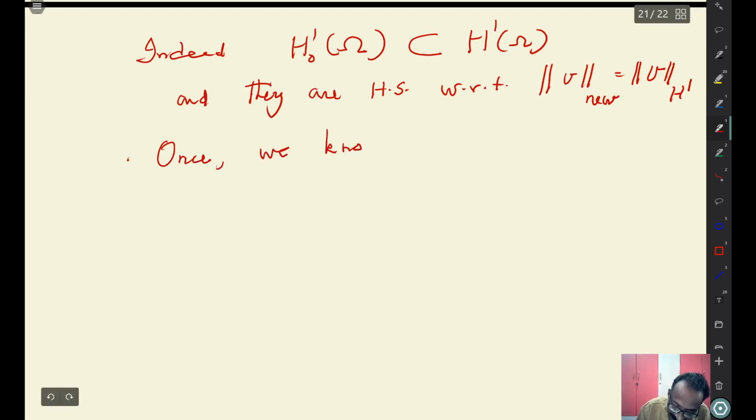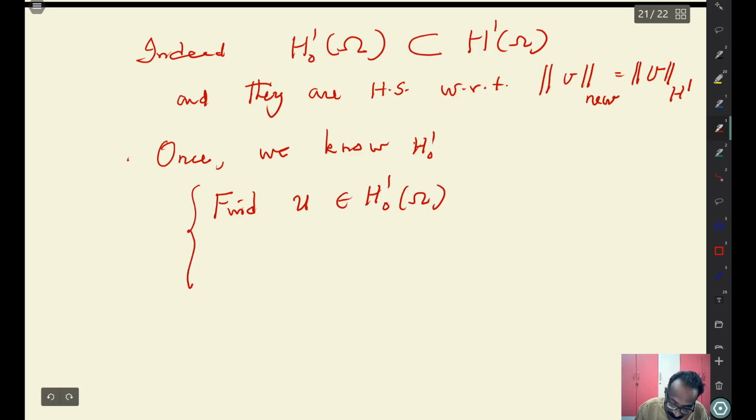Now your weak formulation: find u in H1 naught such that the integral of gradient of u dot gradient of v plus the integral of uv is equal to the integral of f.